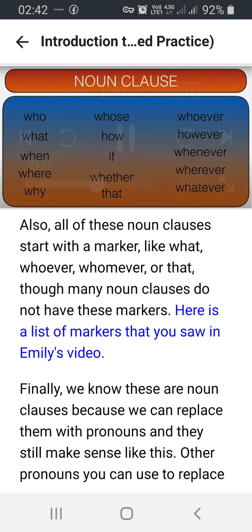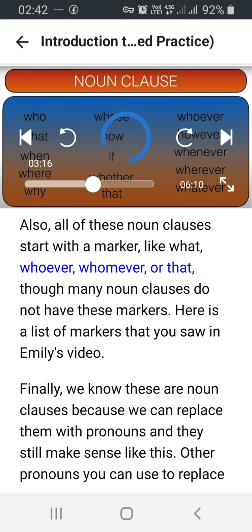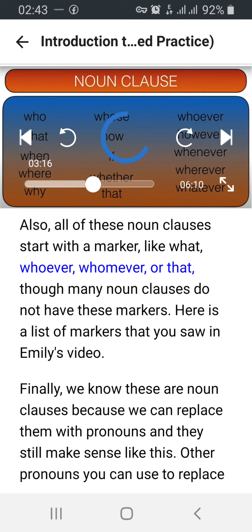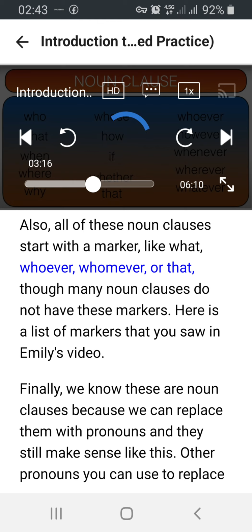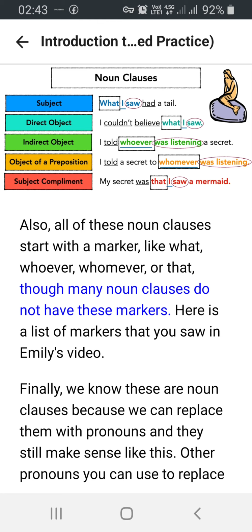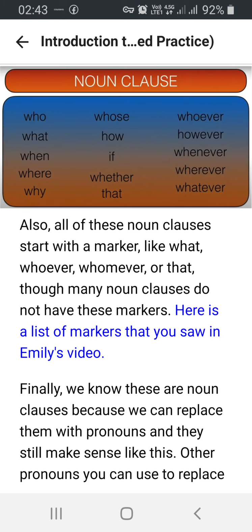Here is a list of markers that you saw in Emily's video.